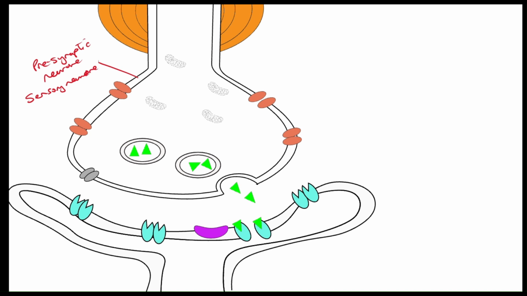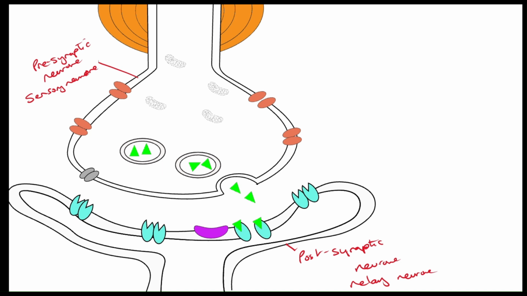And they also told us that there's going to be a postsynaptic neuron. So in the question, they told us that this was a relay neuron. So we have our presynaptic neuron, which is a sensory neuron. We have our postsynaptic neuron, which is our relay neuron.